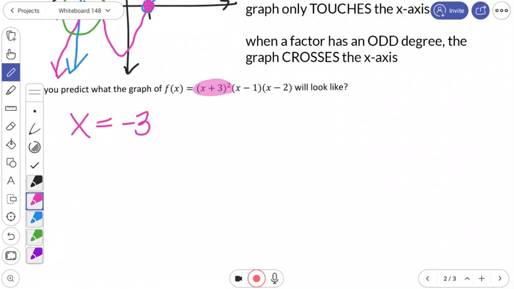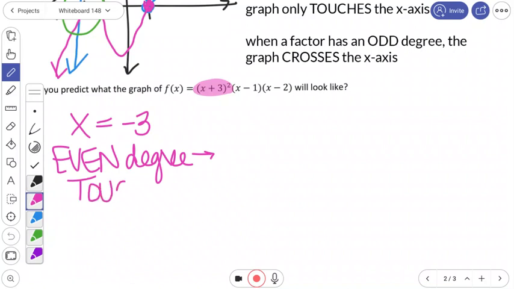Remember, the sign always flips. So x equals negative 3 is my first x-intercept. It has an even degree. So what does that tell us? An even degree tells us that the graph only touches at x equals negative 3.